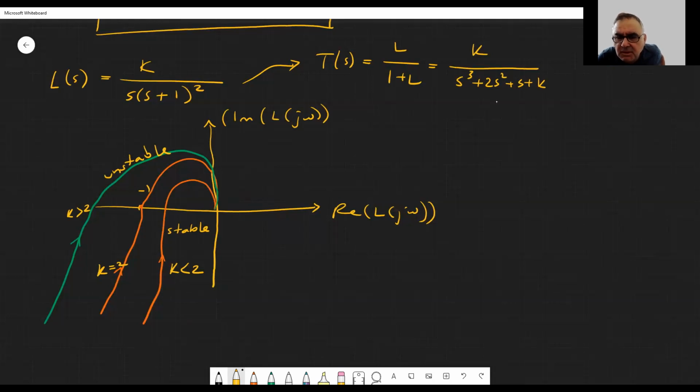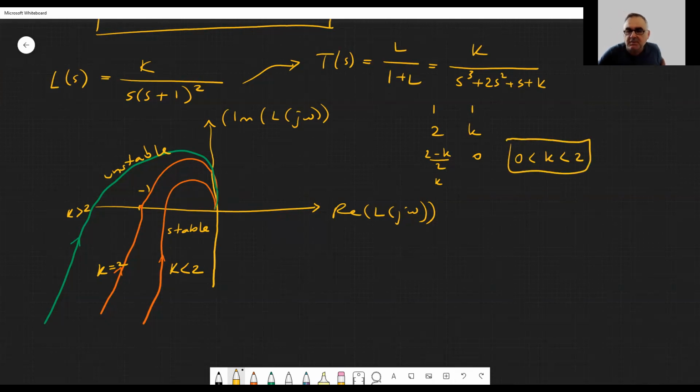And from the Routh criterion, actually, it is 1, 2, K, and the 2 minus K divided by 2, 0, and K. And we immediately see that K should be between 0 and 2. 0 less than K less than 2 is the condition for stability.